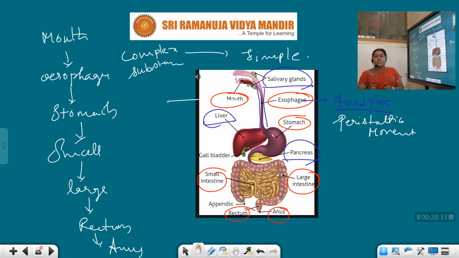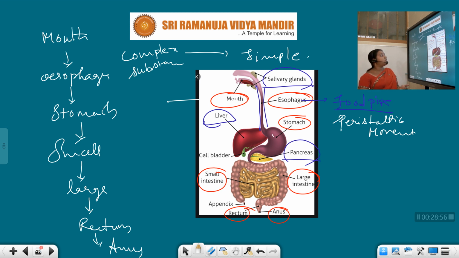Why does food need to be converted into simple substances, children? The reason is that each and every cell of the body should absorb the nutrients. Whatever food we consume is not absorbed directly by the small microscopic cells. So first of all, food has to be converted into small pieces.